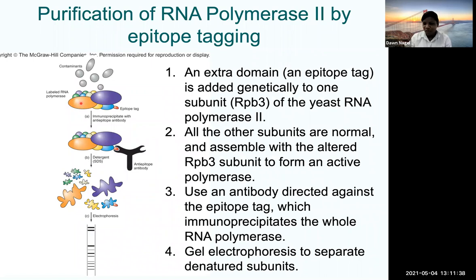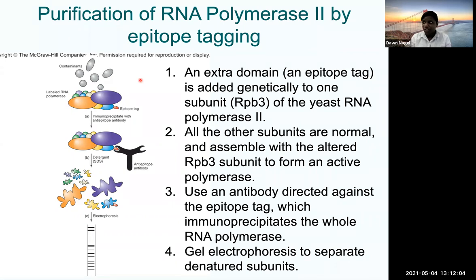So how were they discovered? Like everything else, there was lots of molecular biology or biochemistry to identify what these subunits are. The way this was done in eukaryotes is they used a technique called epitope tagging. This technique works by isolating all of the proteins or complexes that are interacting with each other.